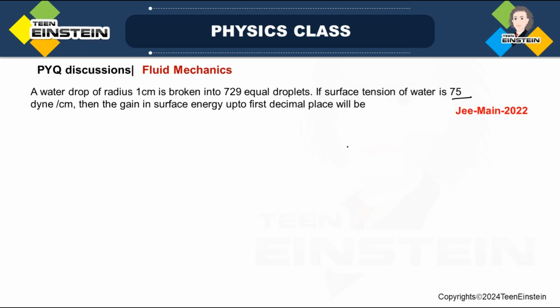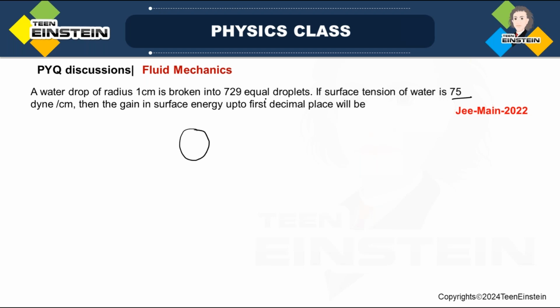What is the question? The question is what is the gain in surface energy? So look here, what the question is saying is this: this is a liquid drop. A water drop of radius 1 centimeter is broken into 729 equal droplets.